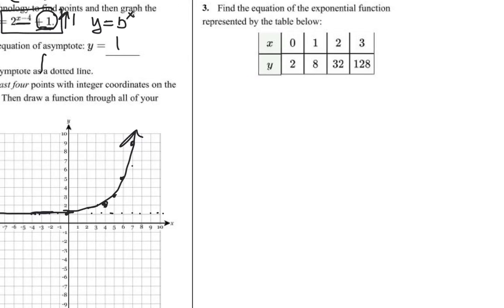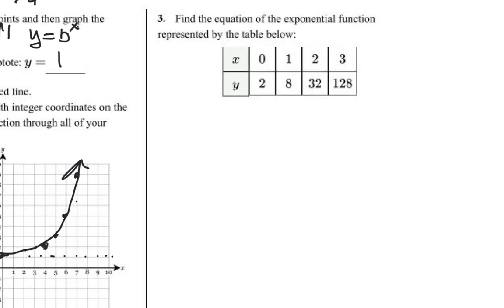All right, this says find the equation of the exponential function. Now remember, from a table you get your whole factor, not the rate, the whole factor, your b. It looks like we're multiplying by 4 every time, so that's my b.